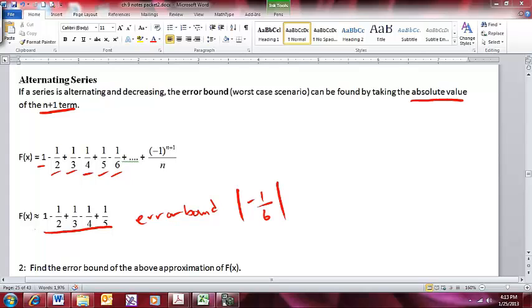So it's going to be plus or minus 1 over 6 from the actual value. When you compute this, your actual value is going to be about whatever this becomes, plus or minus 1/6. The error bound is just that number. Let's see if we get a couple more examples here.